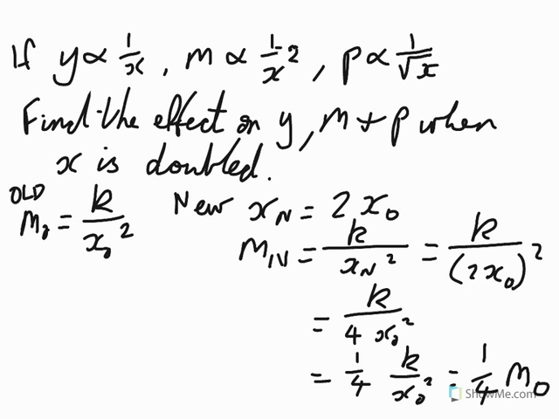So what is the effect? The effect is m is multiplied by 1/4, divided by 4, and so on.